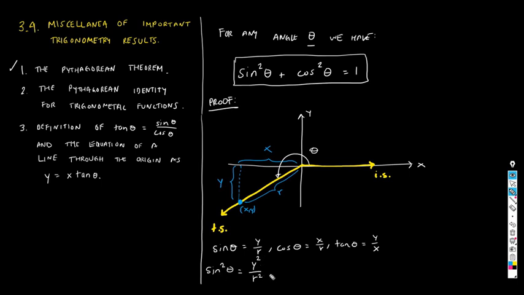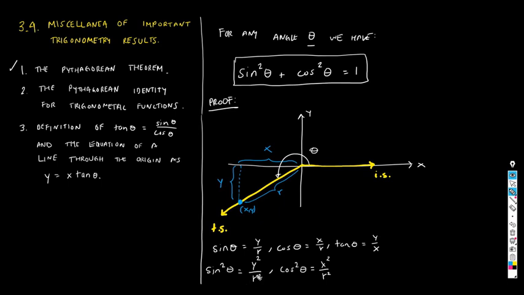And I'm going to do the same for this other equation. I'm going to square the left side, and that's going to give me the cosine squared of theta. And if I square the fraction, I'm going to get x squared over r squared. It's not important to square this one because it is not involved in this identity.